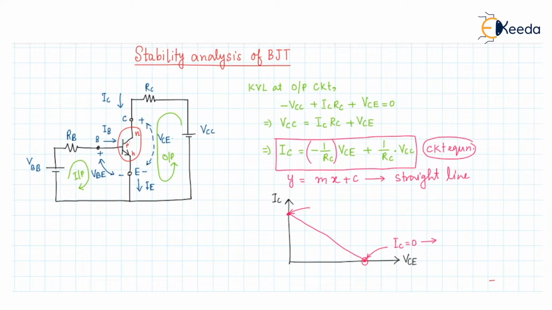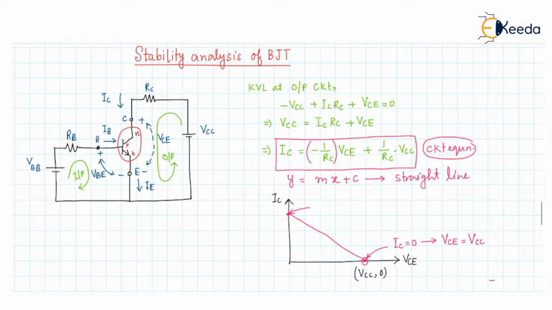Then we find the VCE value will be VCC, so the coordinate of this point will be VCC, 0.